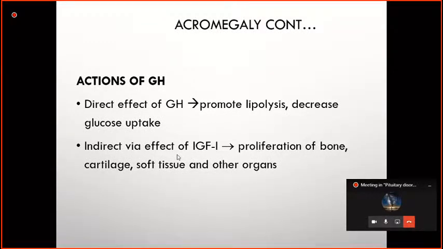Glucose uptake. Lipolysis. It causes breakdown of your lipid, which can cause an increase in your free fatty acids in the blood.